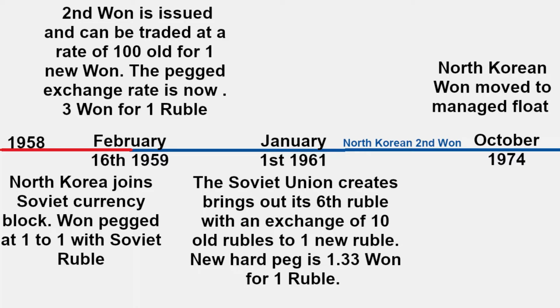So now there was a new hard peg, 1.33 Korean won equaled 1 new Soviet ruble. So 1.21 was about equal to 1 US dollar. And this system stayed in place until October of 1947.